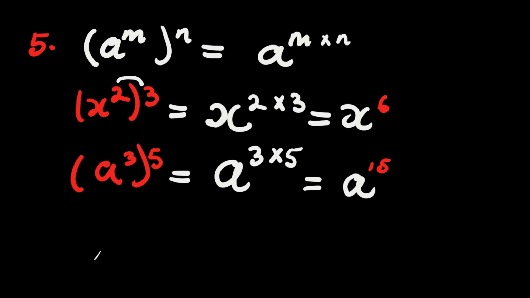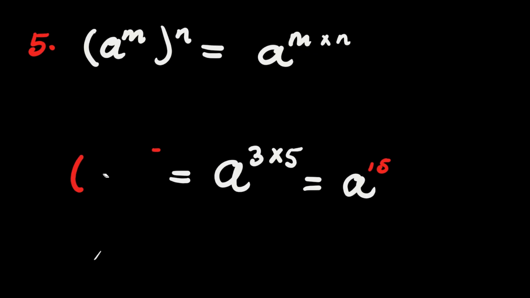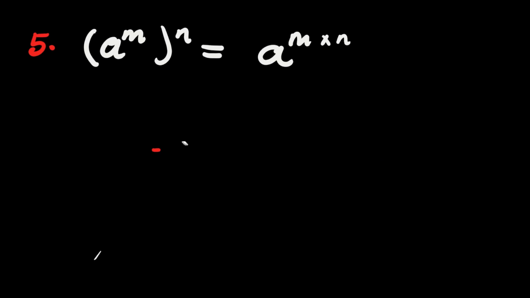Let us go to law number 6. Let me erase here. So law number 6 is more of a continuation of law number 5. You will see as we go on.